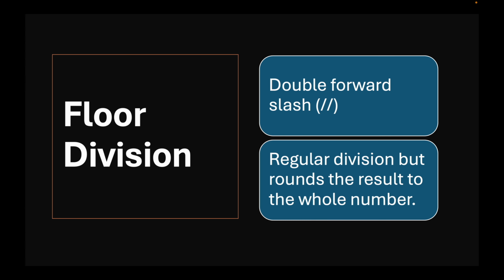Here comes the floor division. It is represented by a double forward slash, and it's a regular division operator but rounds the result to the whole number. It always gives output as an integer value. So let's go and write some code for floor division.